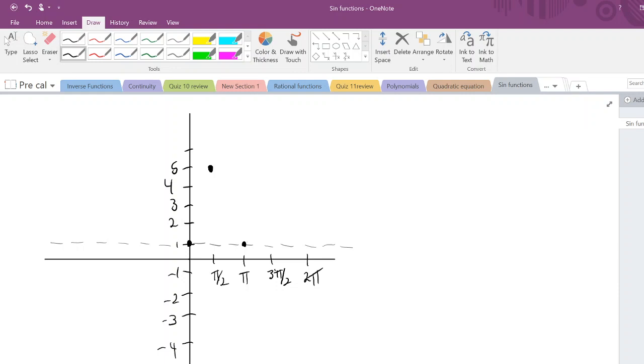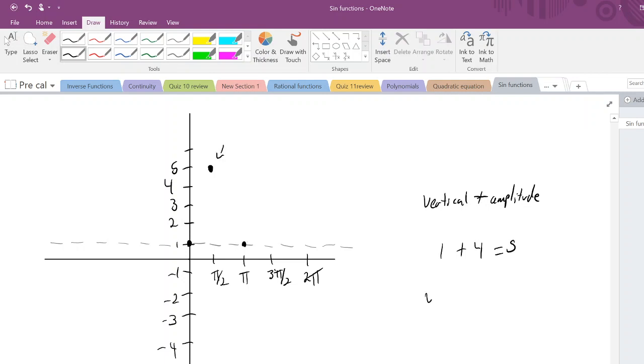In this case I had 1 plus 4, vertical plus amplitude, so it's 1 plus 4, which is equal to 5, so that's how I got this one right here.